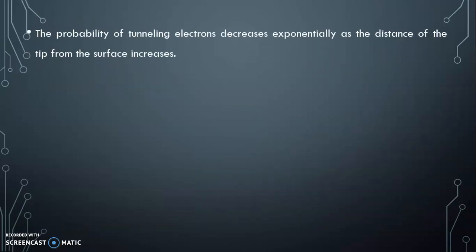The probability of tunneling electrons decreases exponentially as the distance of the tip from the surface increases. The probability of tunneling electrons decreasing means the chances of passing the electrons from tip to the surface decrease exponentially. You know the exponential decreasing graph, like Newton's law of cooling. As the distance of the tip from the surface increases, that is, as the gap increases.